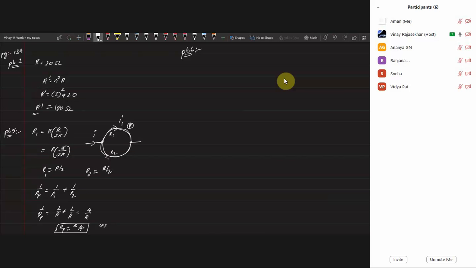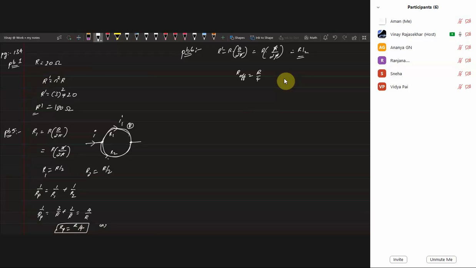A wire of 12 ohm resistance per meter is bent into the form of a circle of radius 10 centimeter. The distance between two diametrically opposite points, same formula. That is R dash is equal to R into theta by 2 pi. So theta is equal to pi radians. So R into pi by 2 pi. Then cancel pi and pi. That is equal to R by 2. So for diametrically opposite ends, R dash or R effective is equal to R by 4.